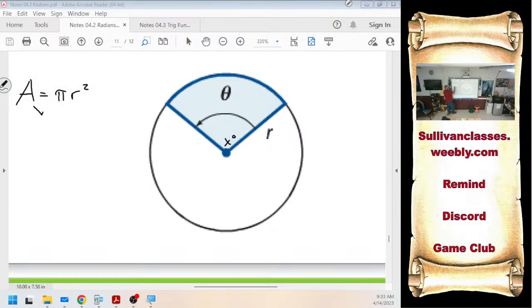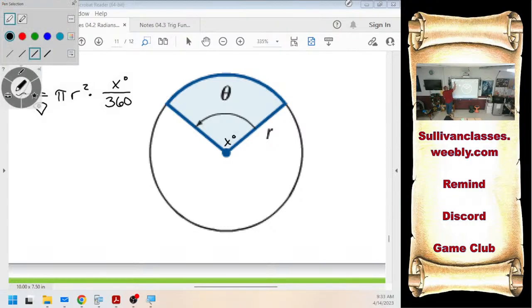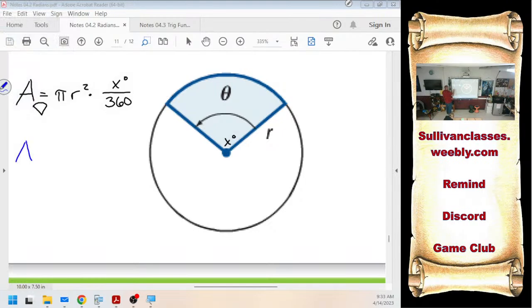So the area of a sector would just be that times x out of 360. And yet again, if I take x degrees times pi over 180, I get stuff canceling out, and you'll have the new and improved formula: 1/2 radians times radius squared.